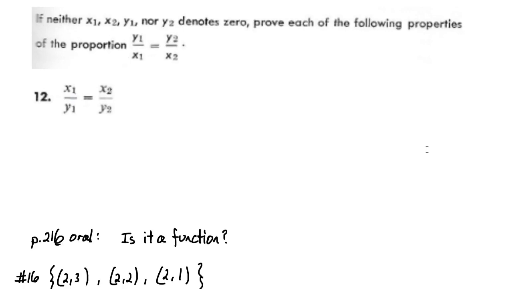Next one is number 12. If we start with this proportion to begin with, let's rearrange it using legitimate algebra techniques to create this proportion. Notice all that's been done is that the top and bottom are flipped. So let's start with the one they give us, and raise each side to the -1 exponent.